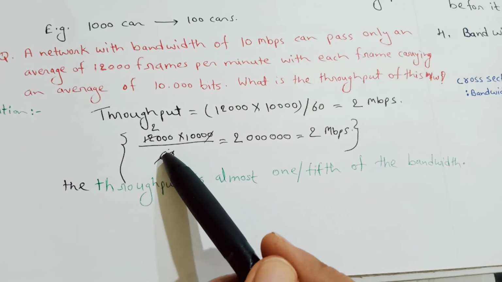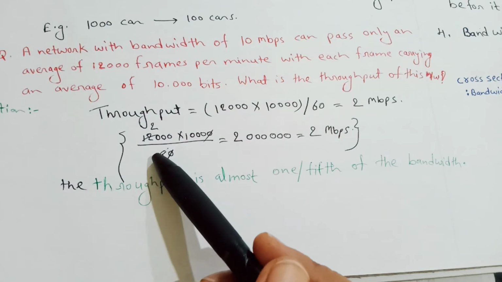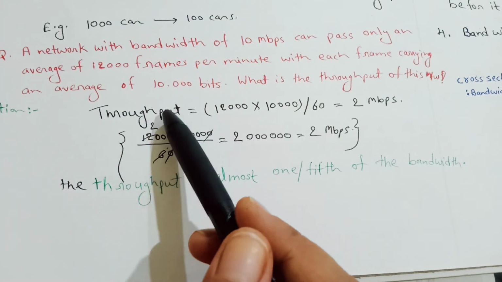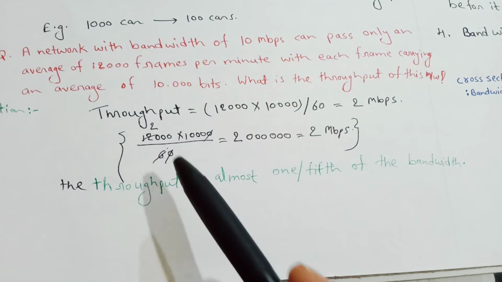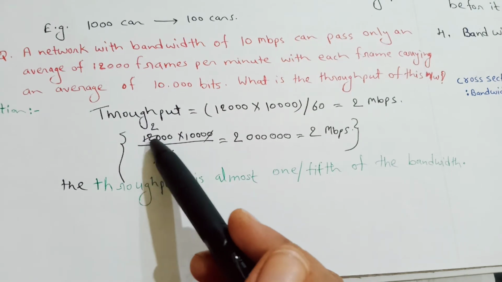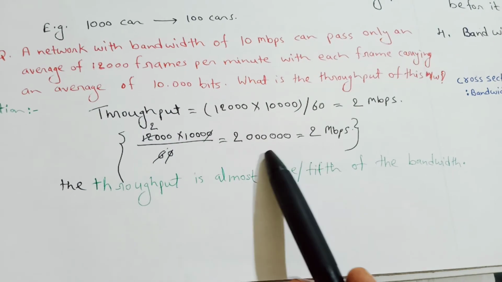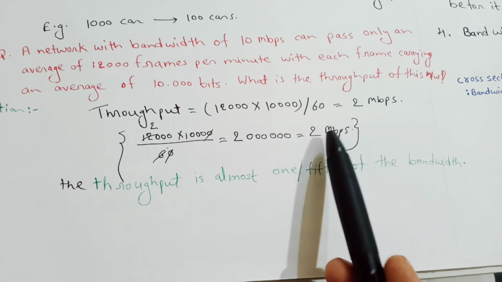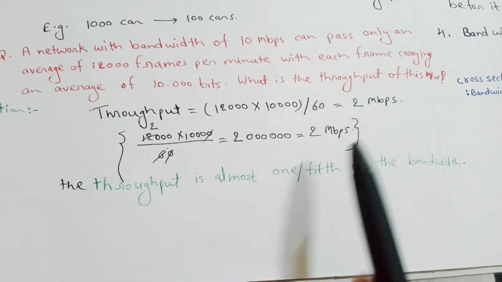Then the zeros cancel, 6 cuts 12 two times, and we get 2 and 30. This is called Mbps, megabits per second.